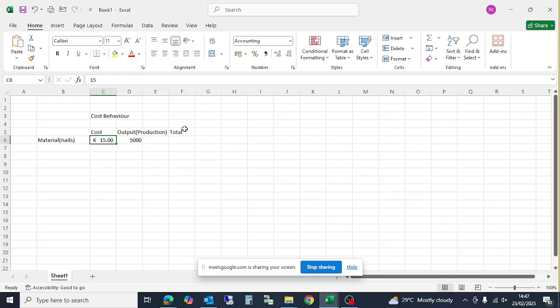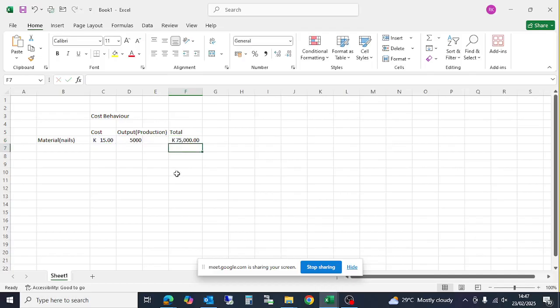We spend 15 kwacha for the total number of nails that we need for each desk. So the total will be 15 kwacha multiplied by the number of desks. It will be 75,000 kwacha on the nails.